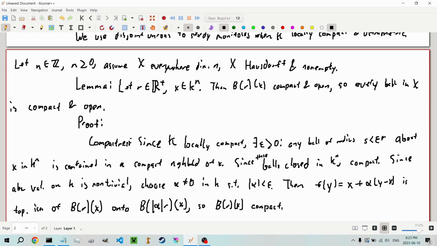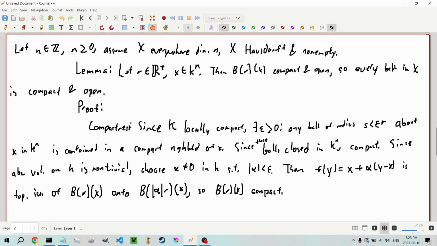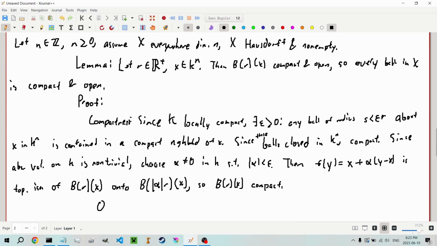Now, we also need openness. So we can contend that if y is in the ball of radius r about x, then I've seen this before. This is a cool fact actually.